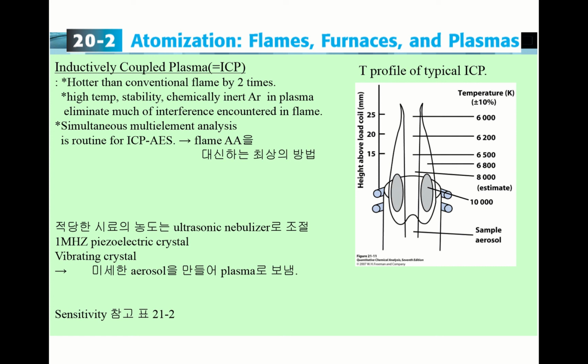You need a nebulizer to make your sample into very fine particles. In the nebulizer there is a piezoelectric crystal whose vibration frequency is 1 megahertz. With this vibrating crystal, a very fine aerosol is possible, and then it is sent to the plasma.